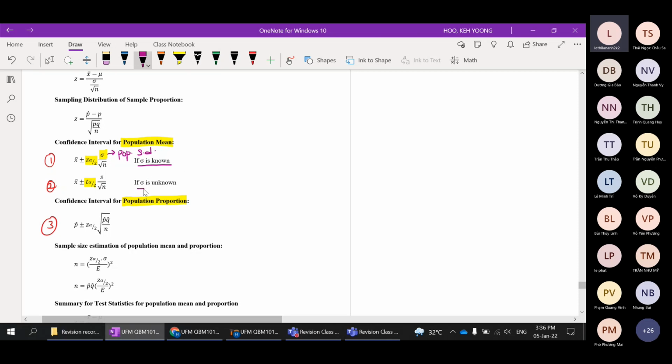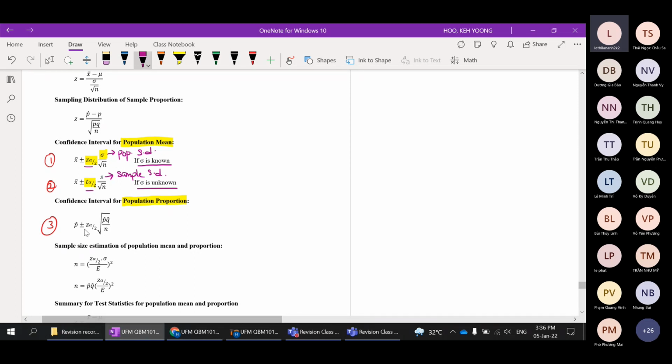If we don't know the population standard deviation, then in the formula we will use the sample standard deviation, S, instead of sigma. So the second formula is using the T distribution. The first one is using Z. So these are the differences.